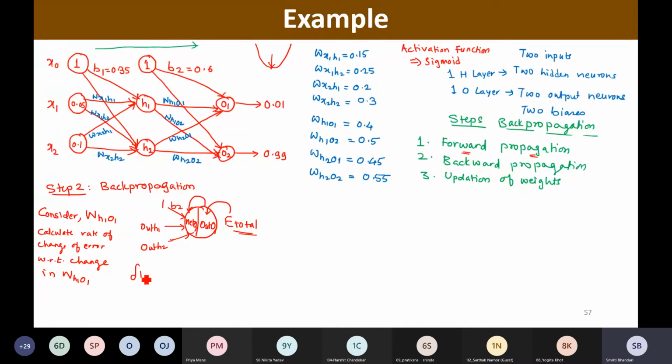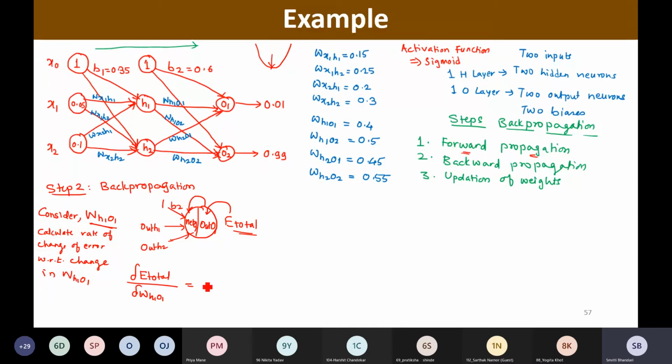Now, this can be computed with the chain rule.